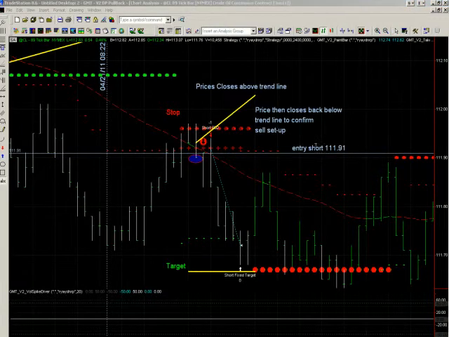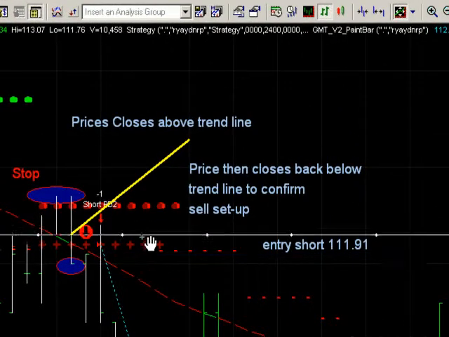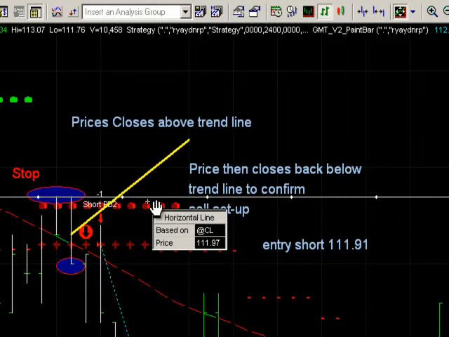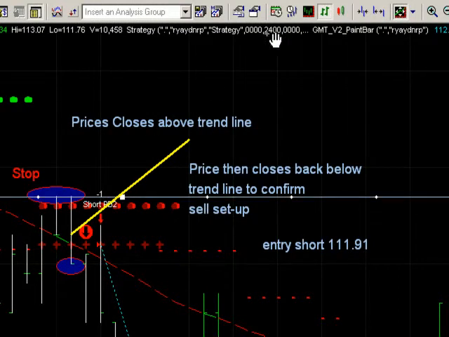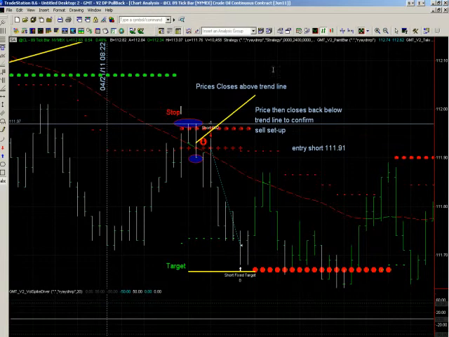Now our stop is always 2 points above the previous swing high on a sell. So if we're going in on a sell setup, it's 2 points above the previous swing high, so that's at 111.97. So 2 points above would be 99. So just to adjust above the key level, we would run that at 112.01.